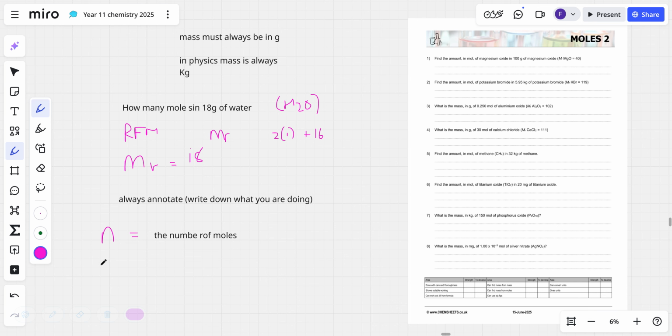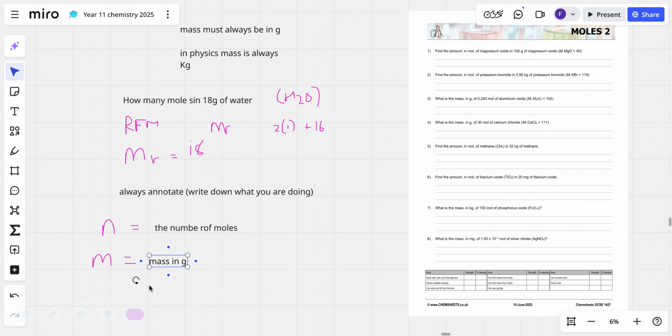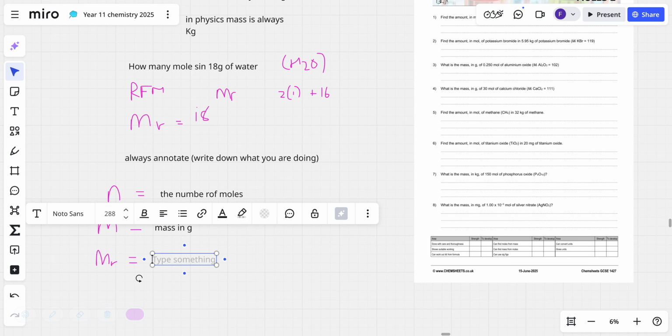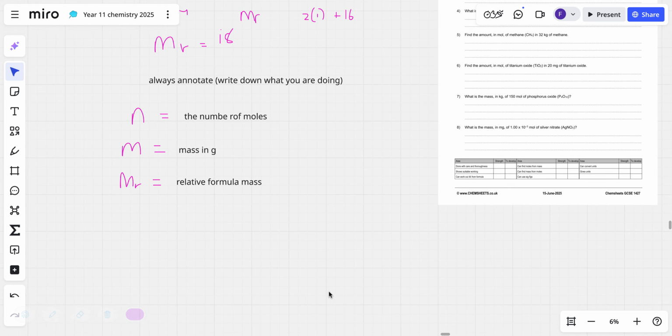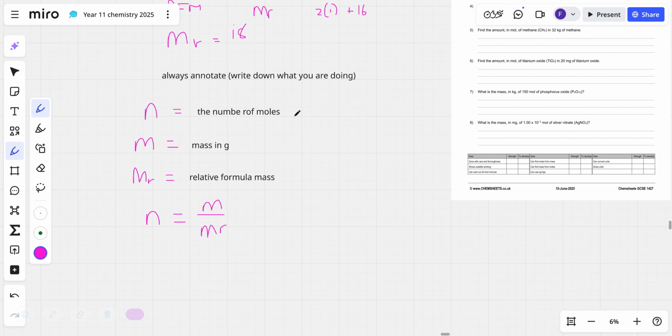M is for mass in grams, and Mr is relative formula mass. And how you work out the number of moles, n, is by taking the mass, m, in grams, and dividing it by Mr.